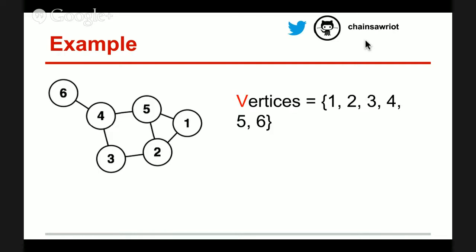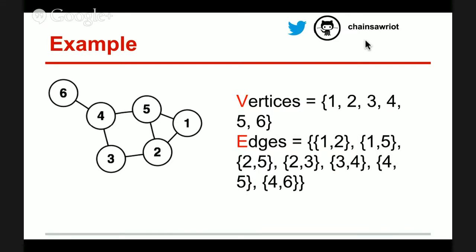And E stands for the edges. An edge is the relationship between 2 vertices. For example, there is a connection between 1 and 2, so we have an edge 1-2. Vertex 1 is also connected to 5, so we have another edge, 1-5, and so on.